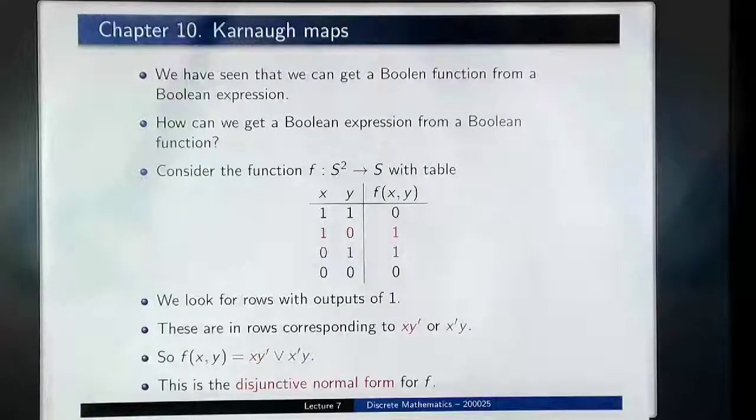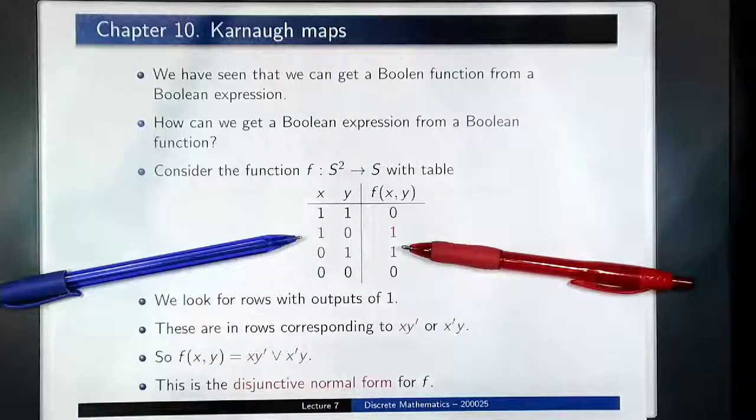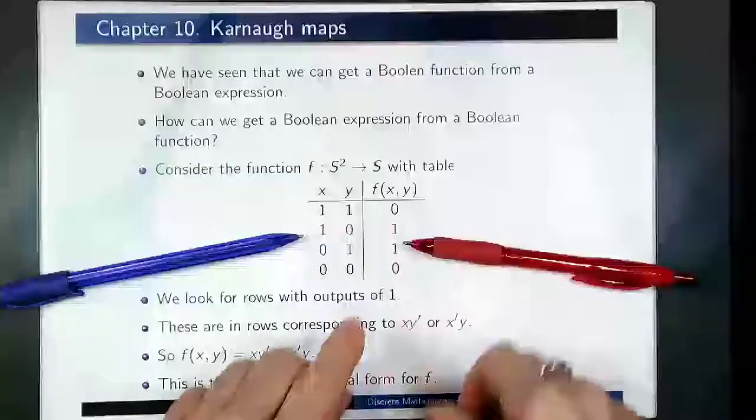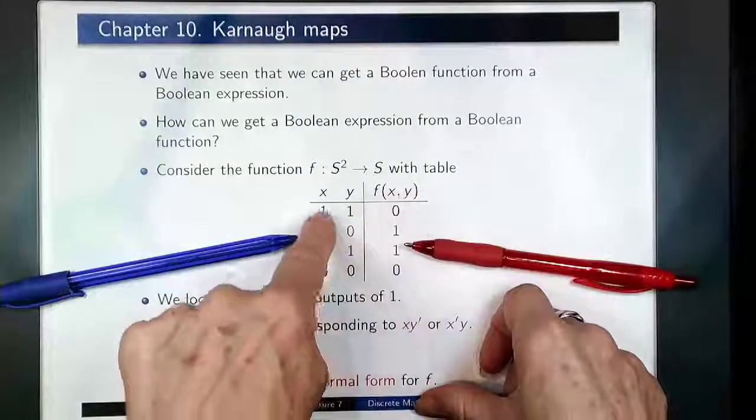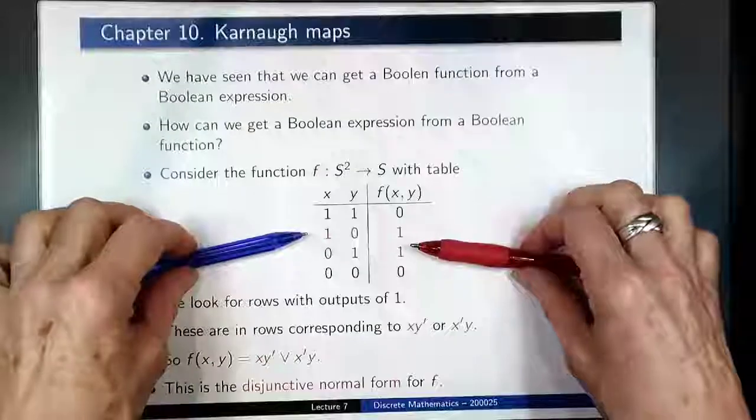Now, having tables is nice. If you've got a Boolean expression, you can do the table because you can just, with the expression for each input, calculate what goes there. So if you want a table, you can get a table. That's easy to do. But what about going back the other way?